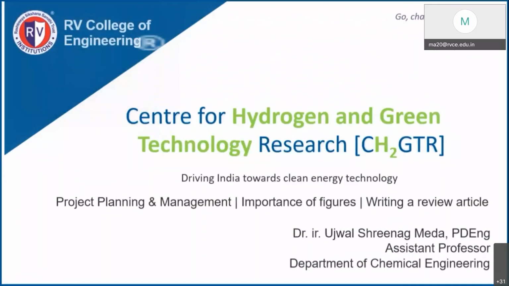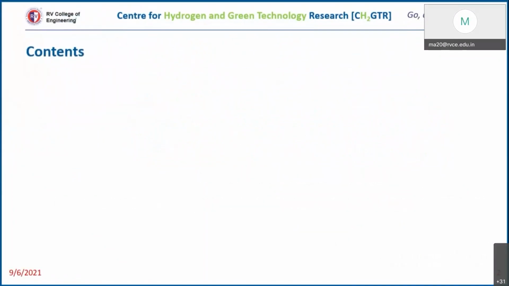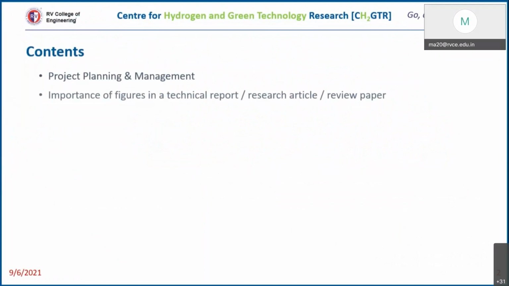Okay. As I mentioned, project planning and management, importance of figures in scientific writing, and editor's view on publishing a review article, right? Fine. To start with, it doesn't matter whether the project that you're going to do is a student project. You may end up doing a project in third year, one project at the end of your engineering in fourth year.